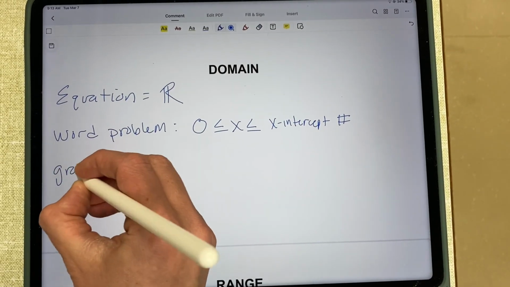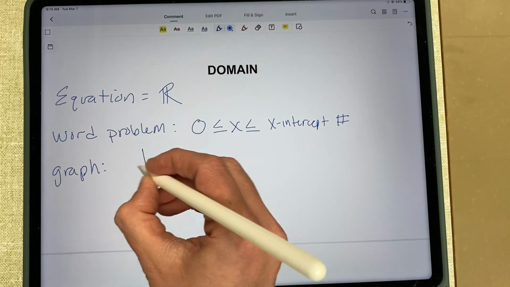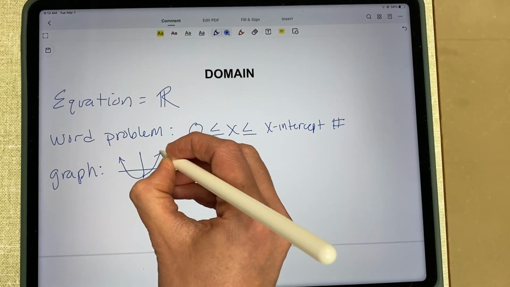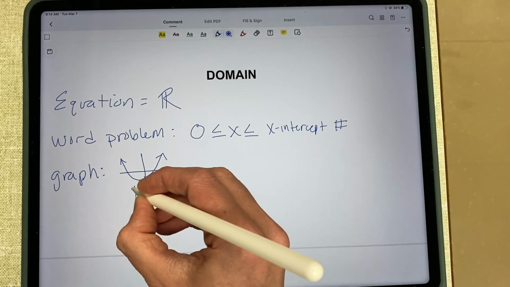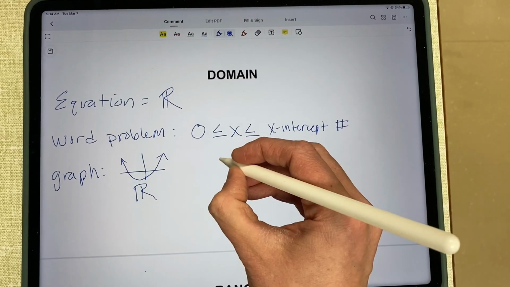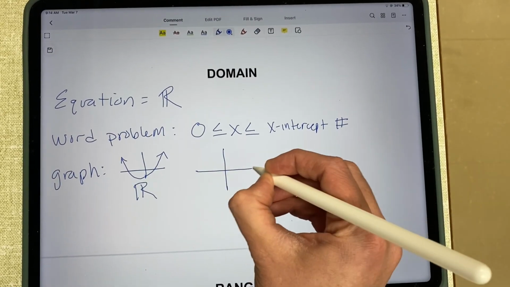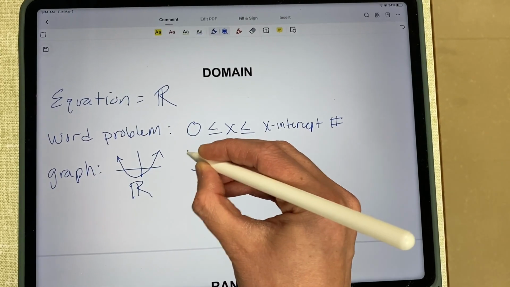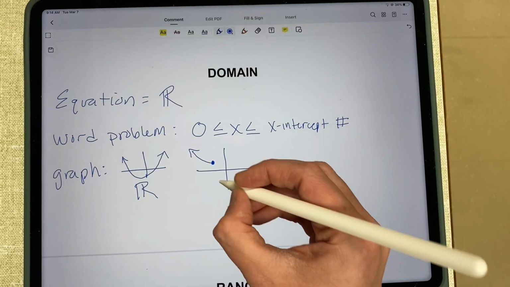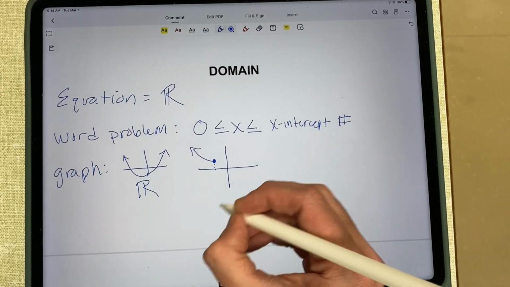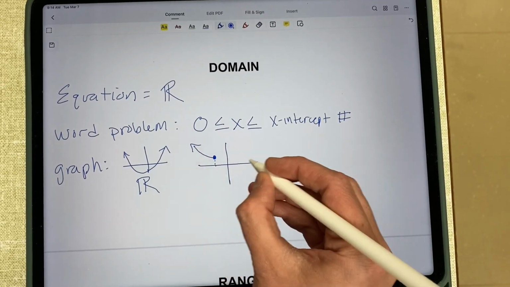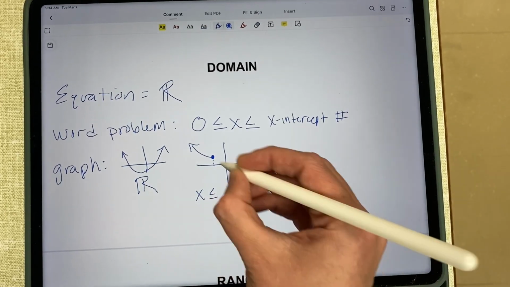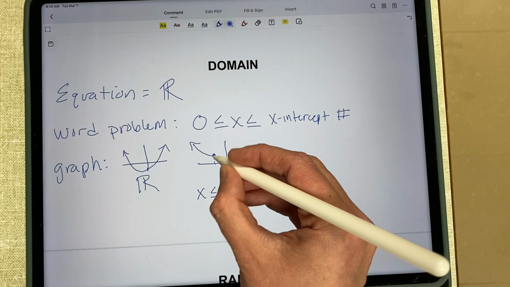Okay, from a graph. If it has an arrow on the left and an arrow on the right, it is all real numbers, okay? If it has a dot and an arrow pointing to the left, you see where it crosses on the x-axis, and you say x is less than, so left is less than whatever this point is right here.